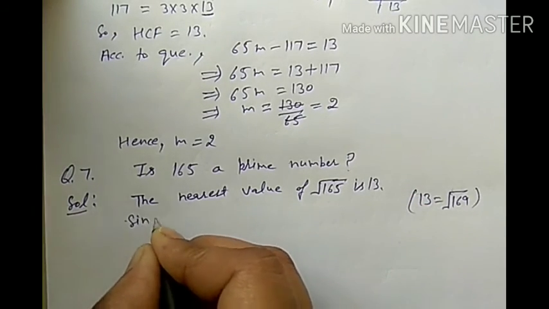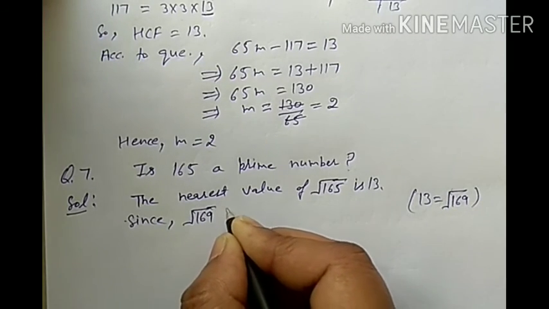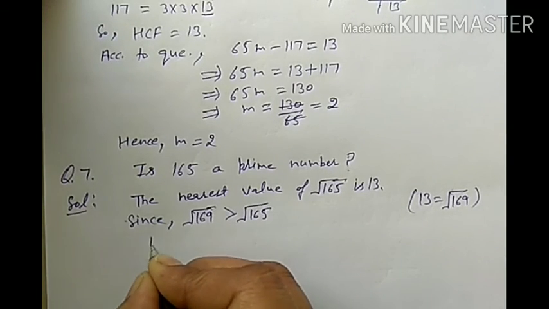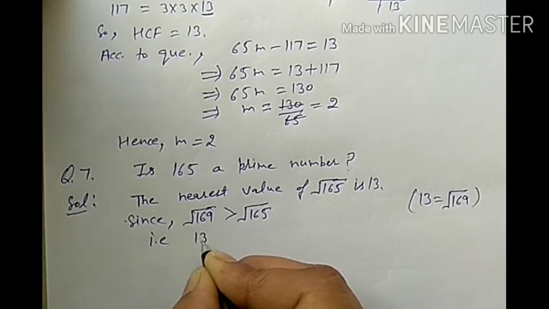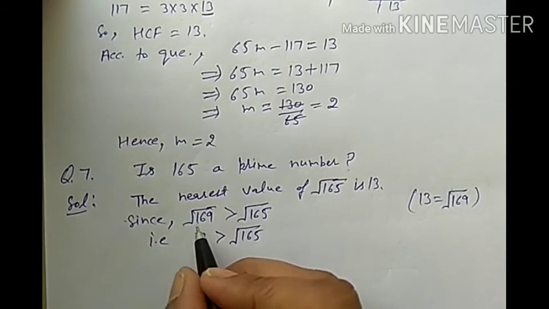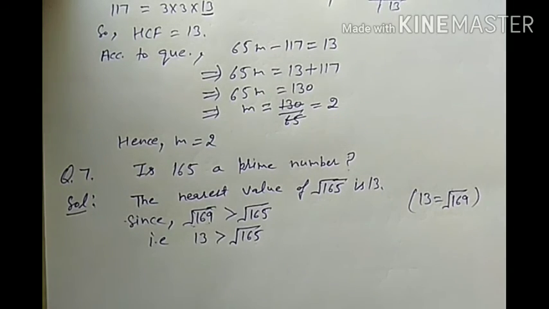Since square root of 169 is greater than square root of 165, so that is, 13 is greater than root 165, because square root of 169 is equal to 13.